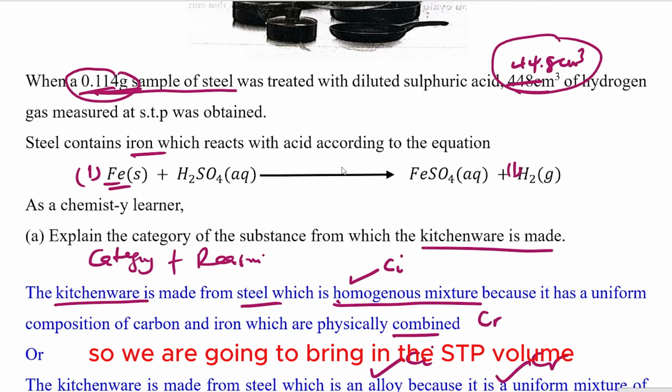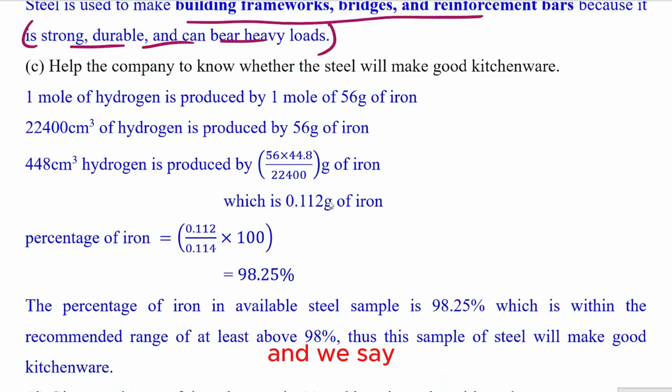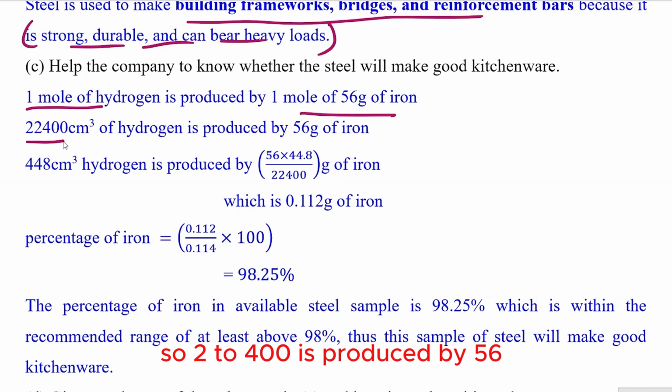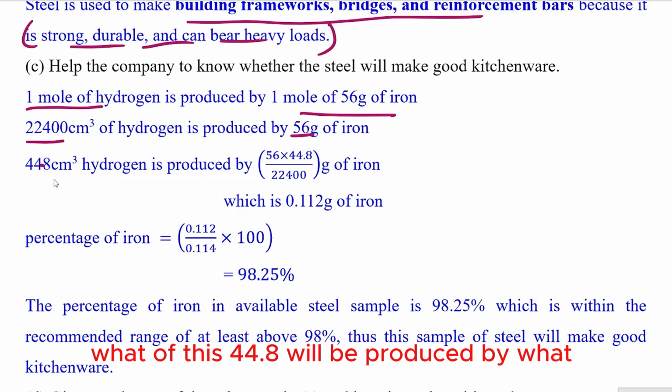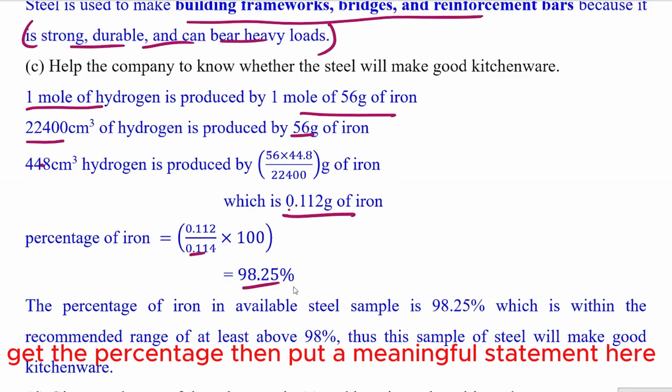So we bring in the STP volume, 22400. So we come down here and say 1 mole of hydrogen is produced by 1 mole of iron. So 22400 is produced by 56. What of this 44.8 will be produced by what? So this is the mass of iron. Divide it by the original mass to get the percentage.